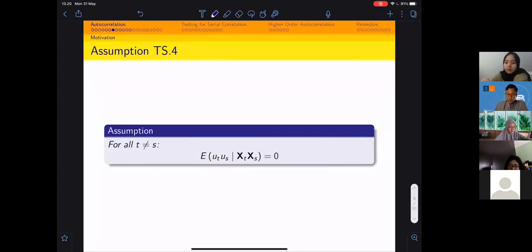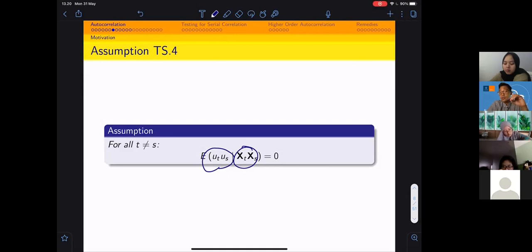So this particular assumption suggests that conditional on the relationship between the unobservable variable across time, there should be no correlation between the error term in period T and the error term in period S. Okay, so in other words, this assumption says that the error terms shouldn't be correlated. We can also say that there is no serial correlation, or there is no autocorrelation between the error terms.